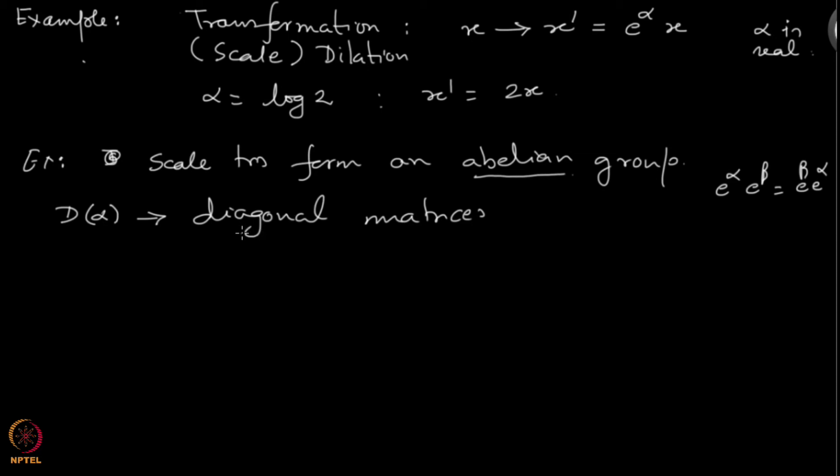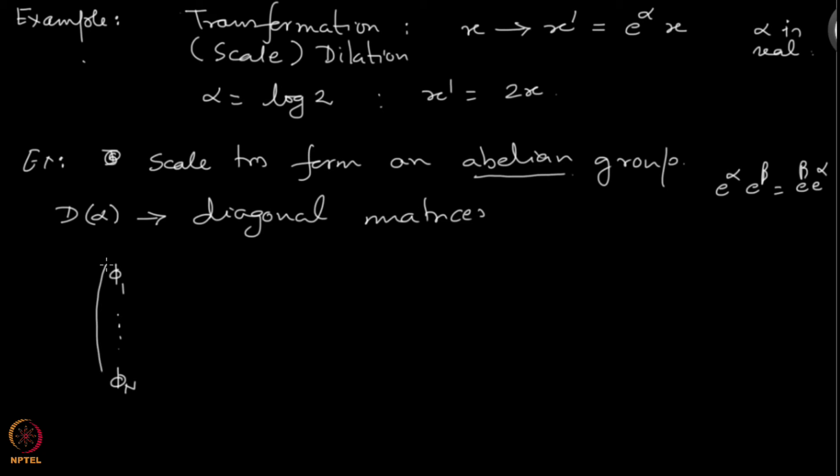Now you can ask how fields will transform under this group. Imagine we have n number of fields, phi 1, phi 2, phi n.